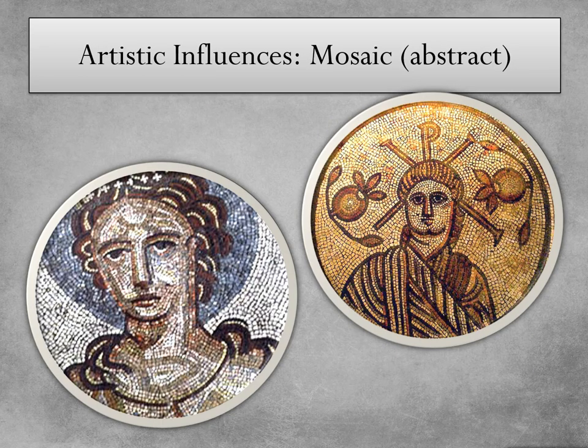Other artistic influences include the use of mosaics, which is a more abstract form of artistic rendering. Here we have again a Roman youth, and here we have an image of the figure of Jesus.